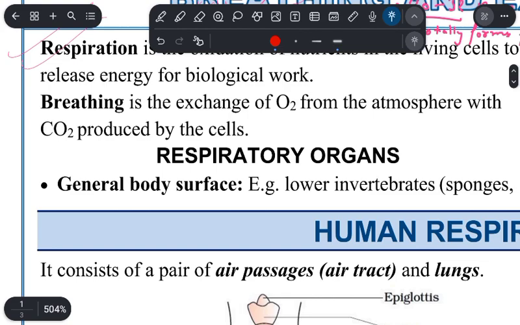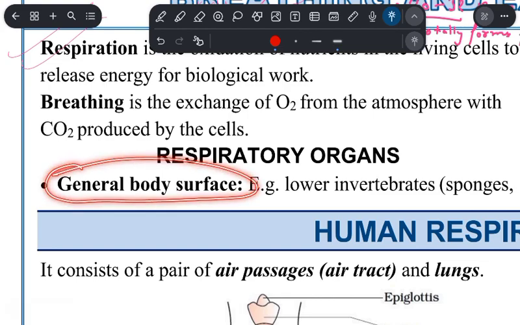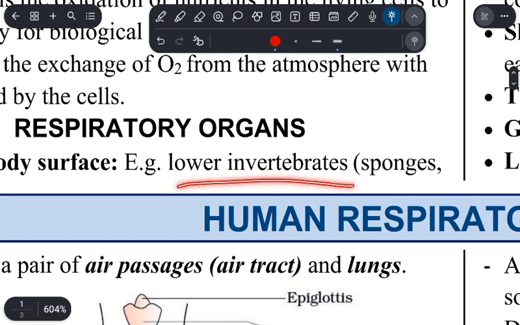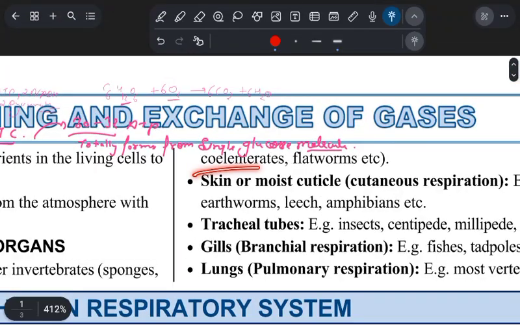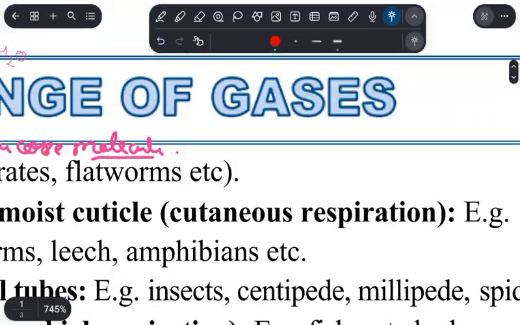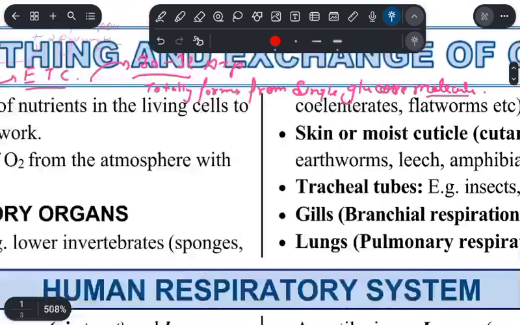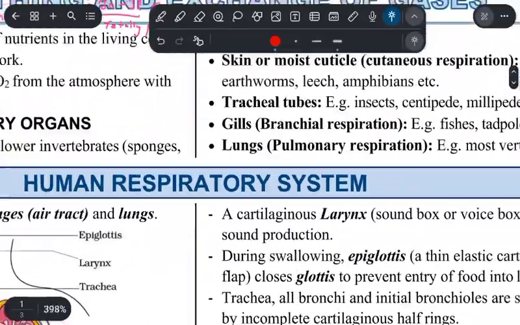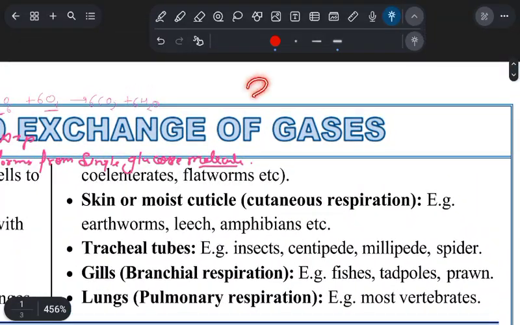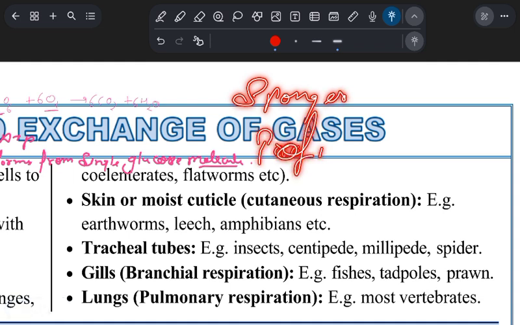Now, general body surface. Lower invertebrates: sponges, coelenterata, and flatworms. That means from coelenterates to platyhelminthes, from sponges, that is porifera.